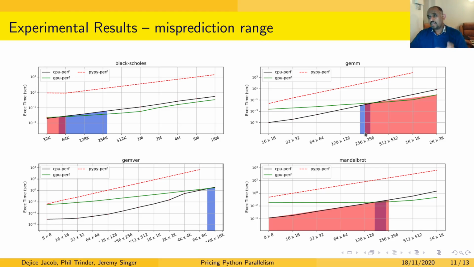We compare the ranges across which the ACM mispredicts. You can see that initially the CPU is much faster, and then as the domain sizes grow larger, the GPU takes over, and you can see these blue shaded regions, which is where the ACM is mispredicting.